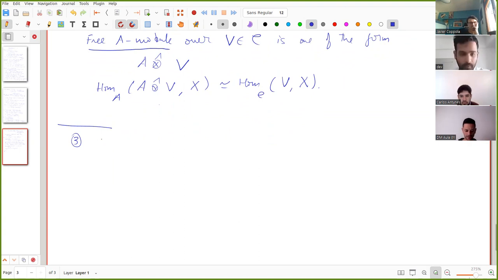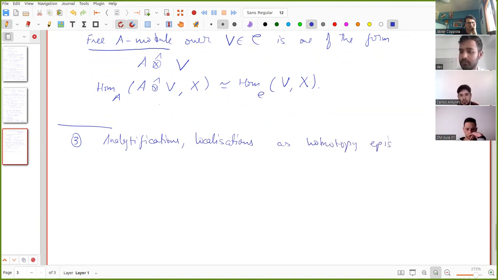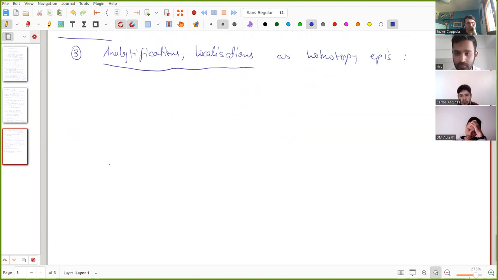So, analytifications, localizations as homotopy epimorphisms. I'll get back to the non-commutative one after these. These ones are particularly simple.